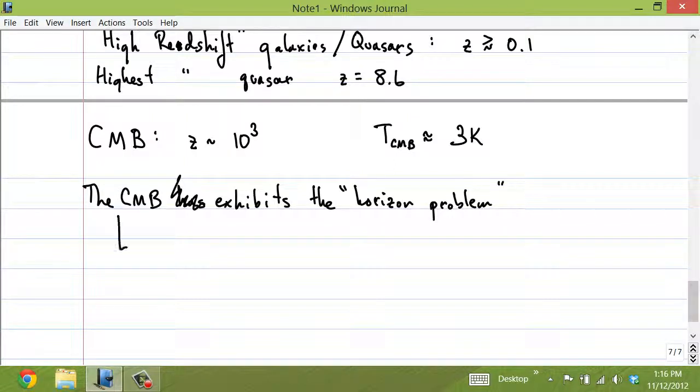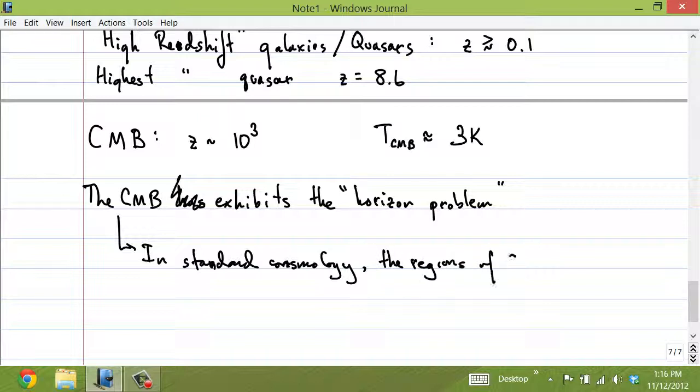And in fact, in the standard Big Bang model, so in the standard cosmological model, the regions of the CMB which we are now observing were not in causal contact until very recently.